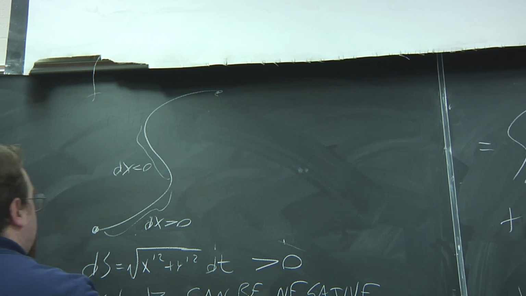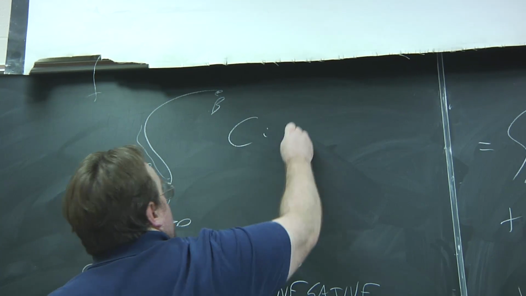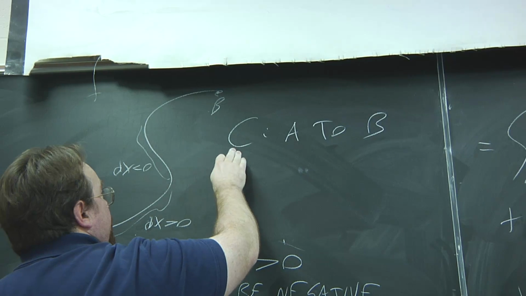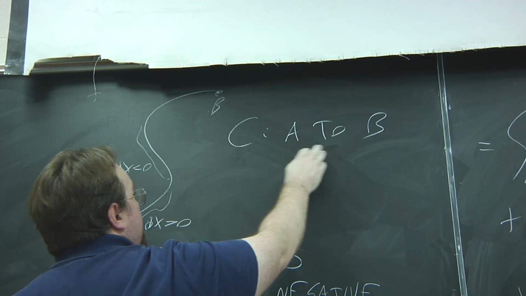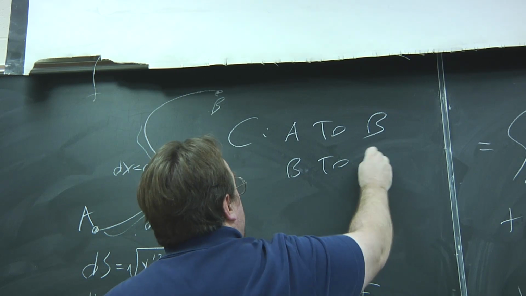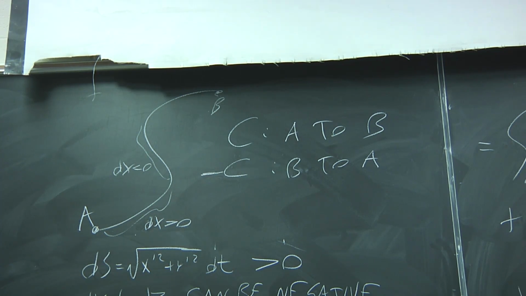I'll call these points A and B. Here's a common notation. If this is a curve C, traced from A to B, then going from B to A instead, we call that minus C. The minus indicates the orientation is changed.